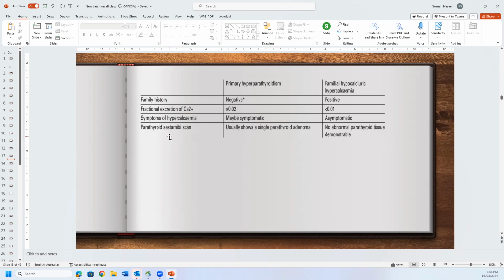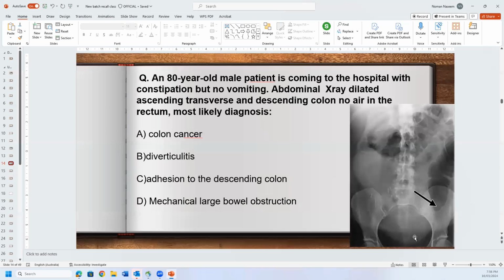So the sestamibi scan usually shows a hot nodule in primary hyperparathyroidism if there is an adenoma, but it will be normal, or there will be no abnormal parathyroid tissue demonstrable, in familial hypocalciuric hypercalcemia. Clear, guys? All good? Any questions? Okay, that's good. Let's move on to the next one.